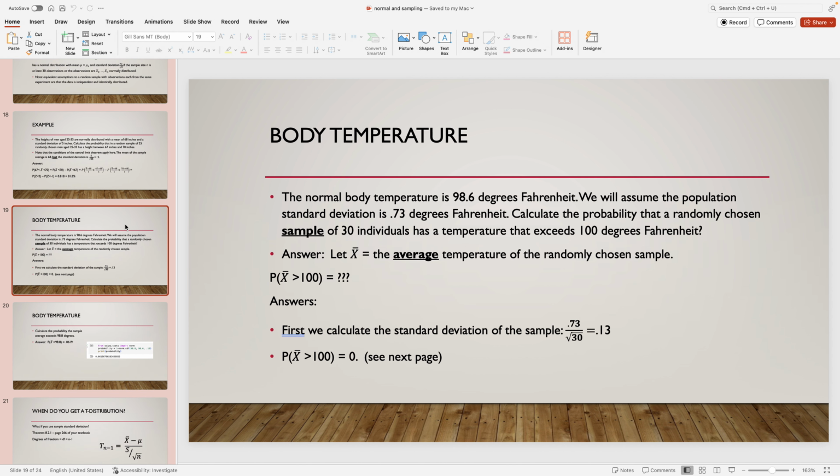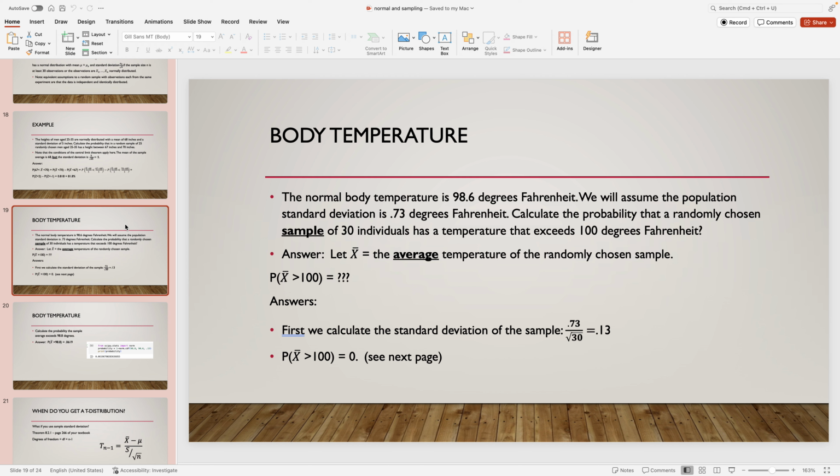Okay. Now let's do one more example here, this time with body temperature. So the normal body temperature is 98.6 degrees Fahrenheit. We're going to assume the population standard deviation is 73 degrees Fahrenheit. And we're going to calculate the probability a randomly chosen sample of 30 individuals has a temperature that exceeds 100 degrees.